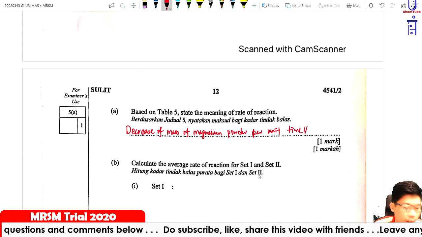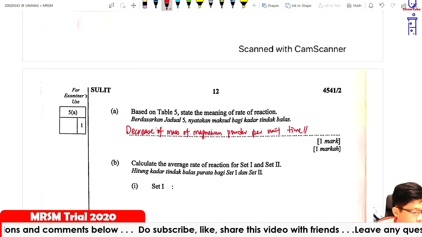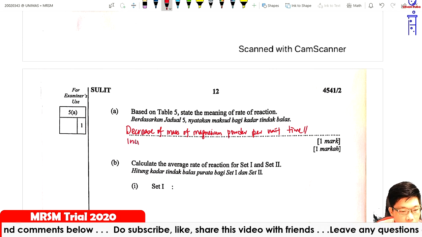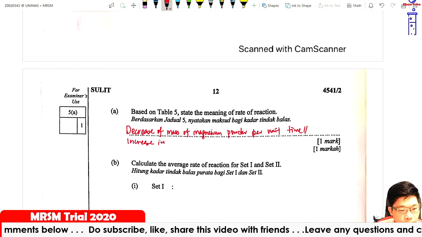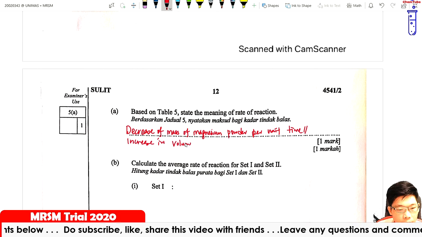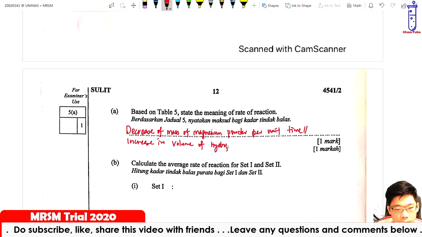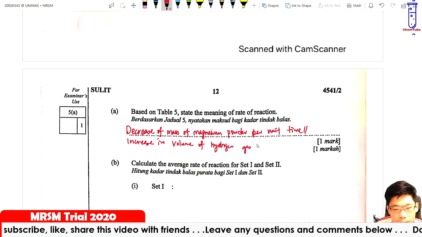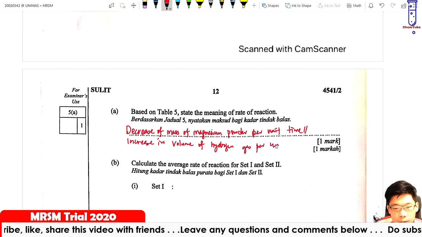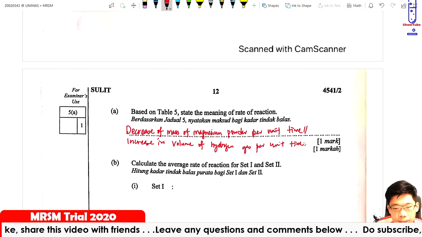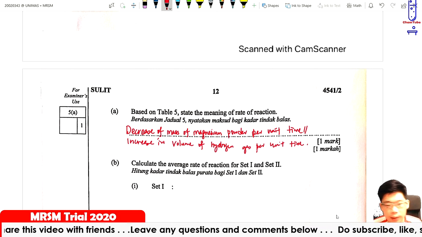Or another one is the increase in volume of hydrogen gas per unit time. Both can be accepted.